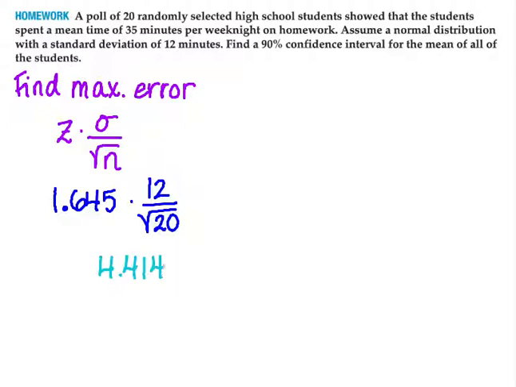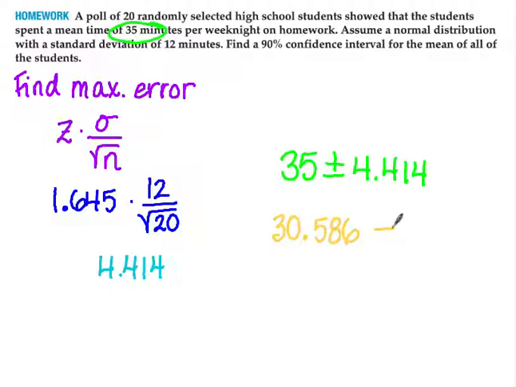And so now we need to find a confidence interval. So what I'm going to do now is use the mean. And the mean in this problem was 35. So all I'm going to do is 35 plus or minus 4.414. The first thing we're going to do is subtract, though, because that'll give us a smaller value. And when I subtract, what do I get? 30.586.